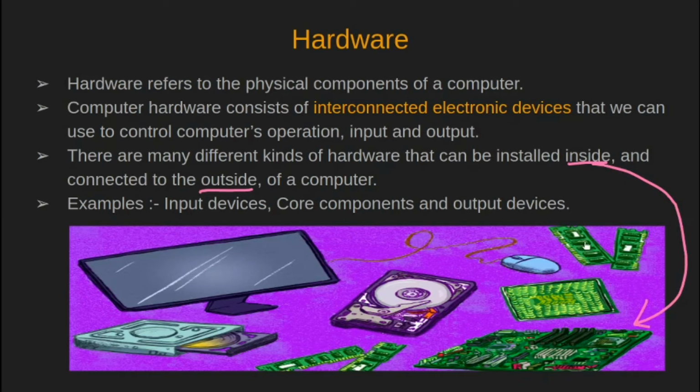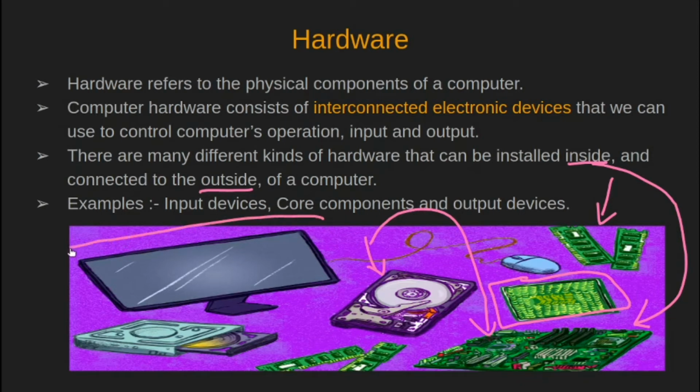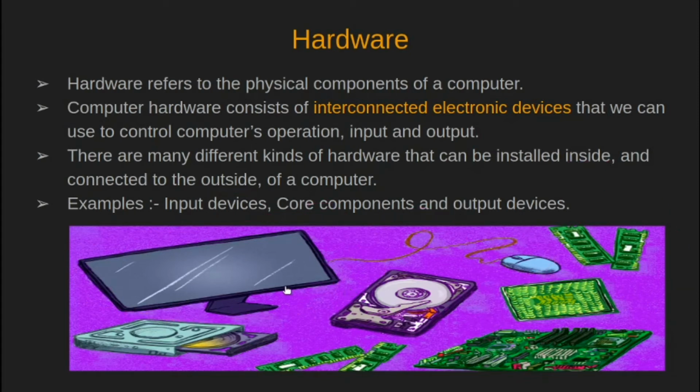Any component such as the CPU over here, the RAM over here, the storage drive over here is installed into this motherboard, and other devices like a monitor or a mouse are connected with the help of a wire to a specific port in the motherboard.